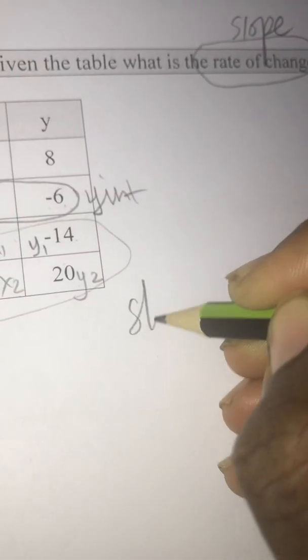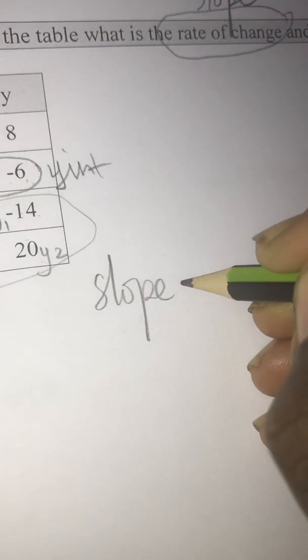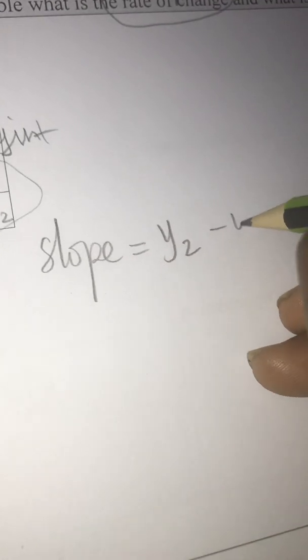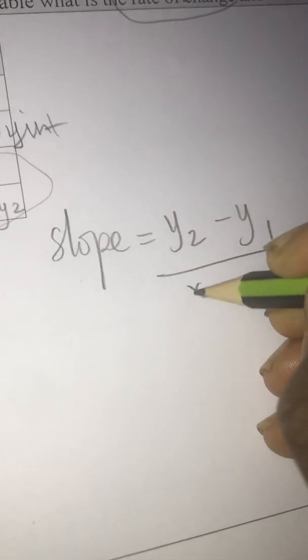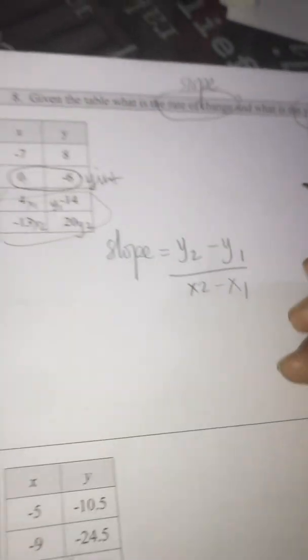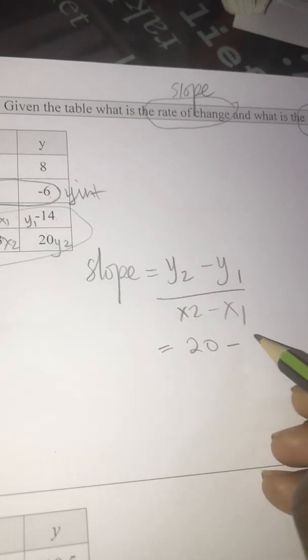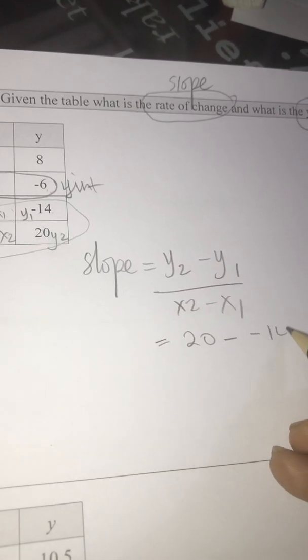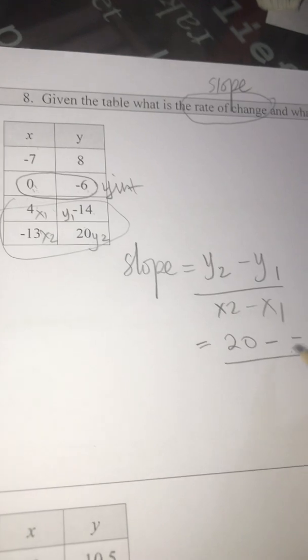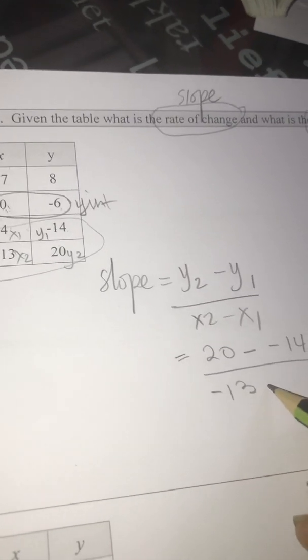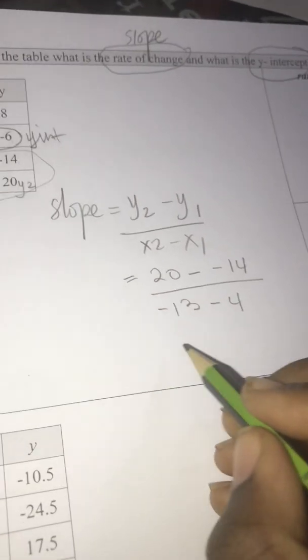So I write slope equals y2 minus y1 over x2 minus x1. 20 minus negative 14 over negative 13 minus 4.